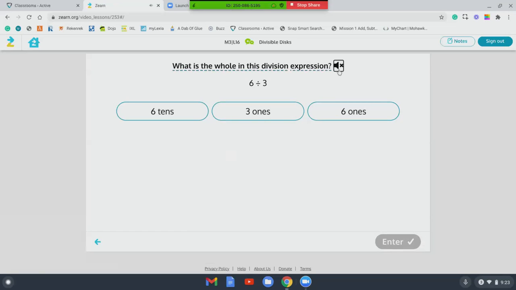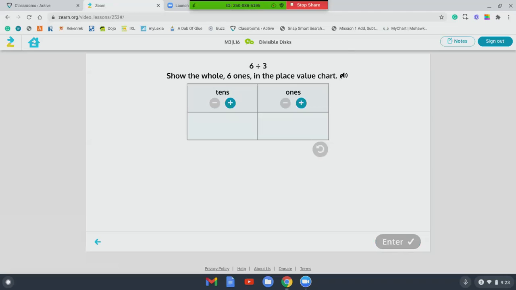What is the whole in this division expression? Six divided by 3. Show the whole, 6 ones, in the place value chart.